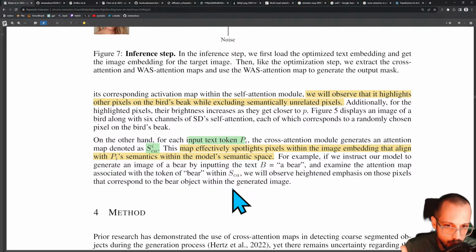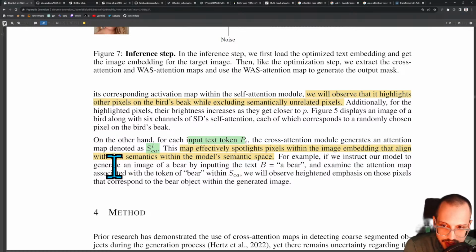So now you have a way of saying, okay, for this specific token within this sentence that is being fed into the text encoder and then used to condition the diffusion, which of the pixels in latent image space, and then you can go back to actual pure image space if you wanted to, are related to that specific semantic token, which is pretty cool.